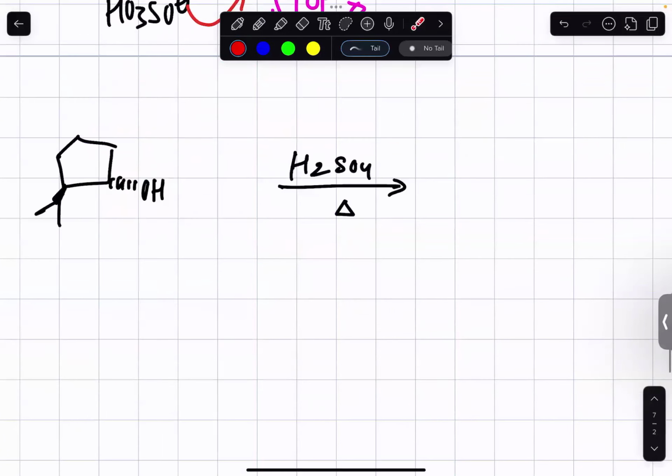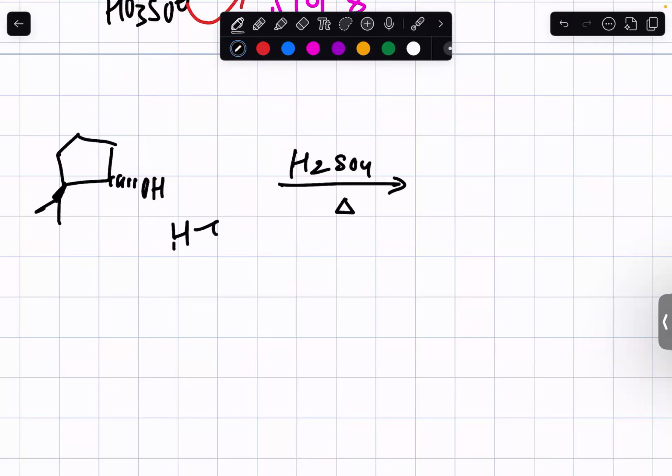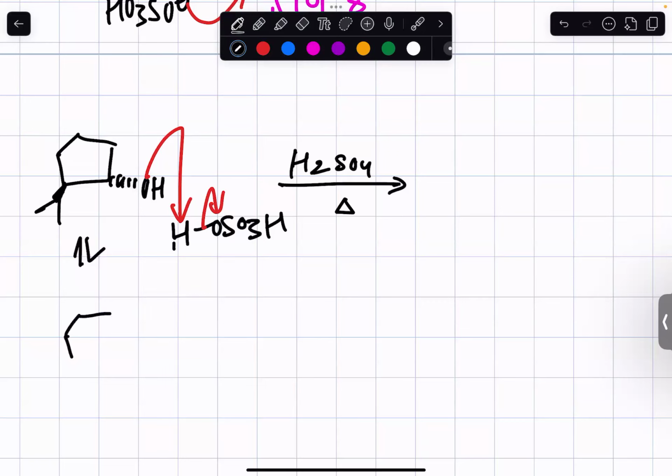Now here's another example, but this time it will be more involved because there's an extra step here. Let's do the same first step. Protonate the alcohol to convert that into a good leaving group, oxonium ion. Okay.